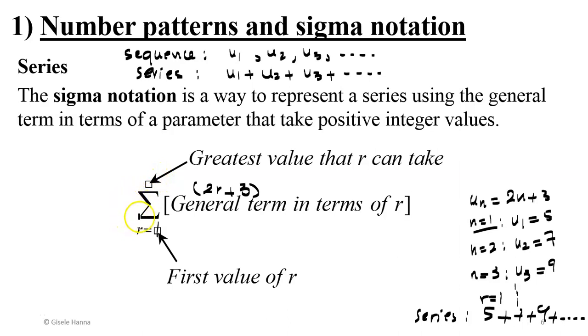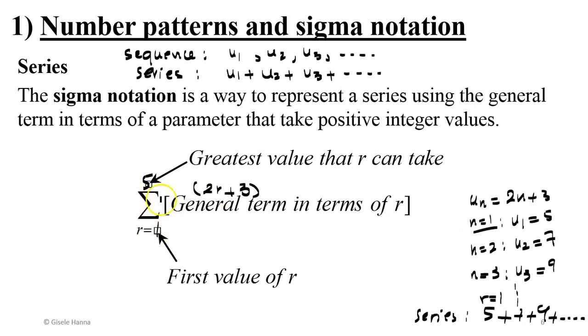However, if I wish to add the first 5 terms of the sequence for this series, then r would go from 1 to 5, because from 1 to 5 I have 5 terms.